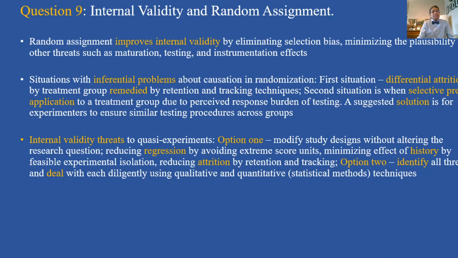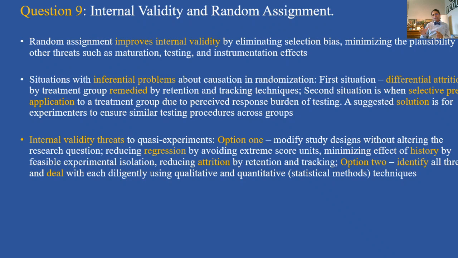Now, the book also describes certain internal validity threats in terms of quasi experiments. The book specifically mentions that quasi experiments are more prone to threats of internal validity and also lays out suggestions to counter the threat.